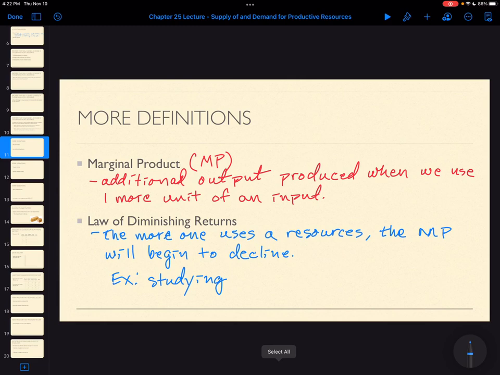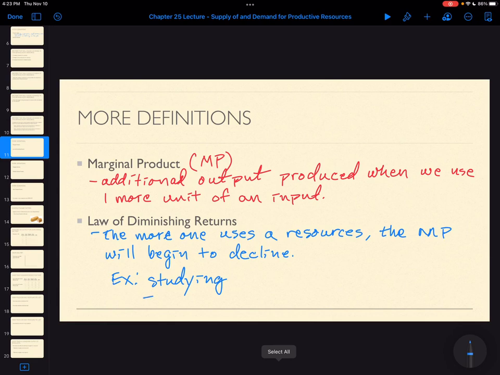But as the hours drag on and it's getting close to midnight or 1 or 2 a.m., the additional impact of studying another hour on your exam grade is probably less and less.